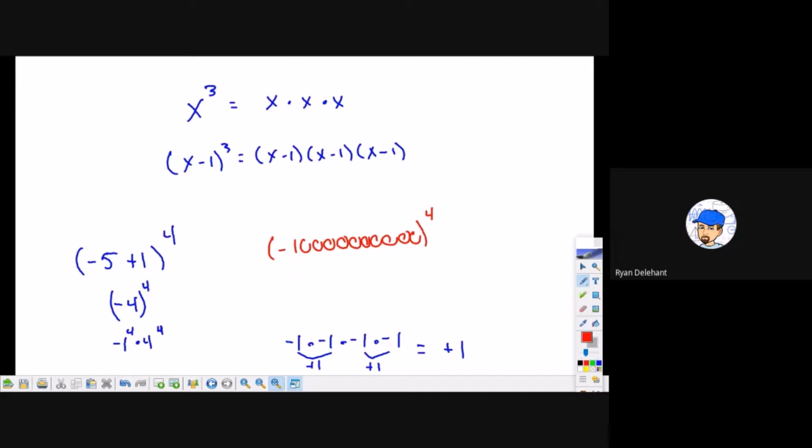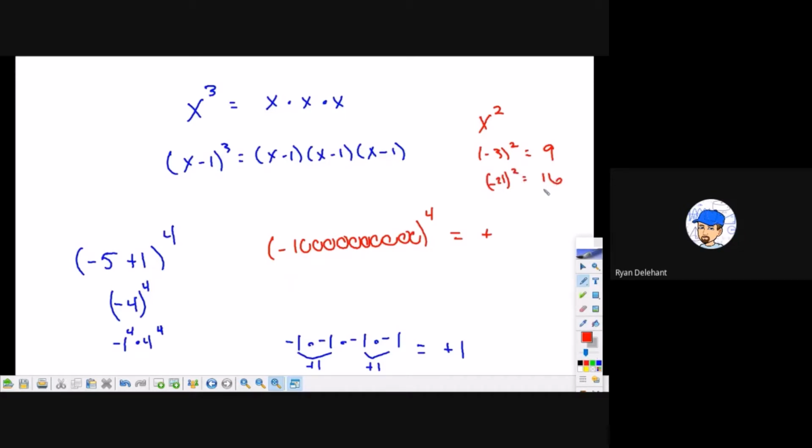I take a negative number, I multiply by itself 4 times, it's always going to be positive. And since I don't care about what the actual value of that number is, I only care about its positivity or negativity. What we're getting at is anything to the 4th power is always going to be positive. It works the same way. Remember this one? X squared. Does that ever give you a negative answer? Like, what's -3 squared? Positive 9. What's -4 squared?